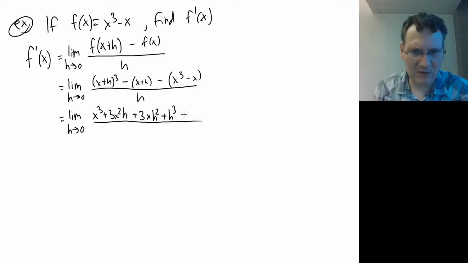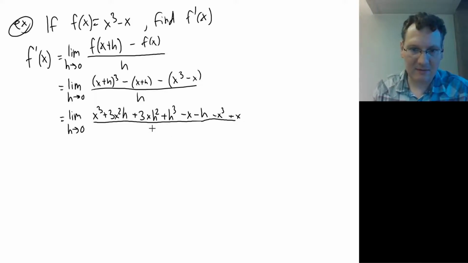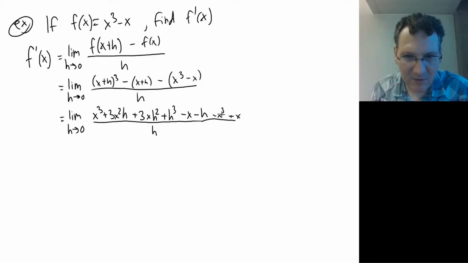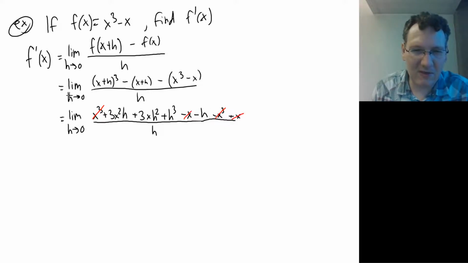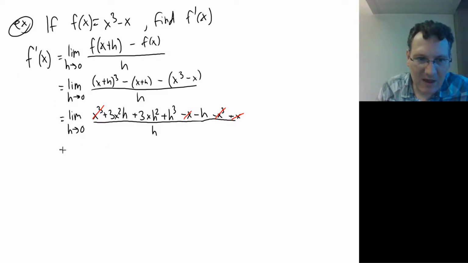And then we're going to subtract x, subtract h, and then we've got minus x to the third, and then the minus will be plus an x, over h. Now I'm going to cancel out a few things that do cancel. So for example, the x to the third and this x to the third are gone. And we've got this minus x and this plus x, those are gone. Everything else stays, but I'm going to factor out the h's.